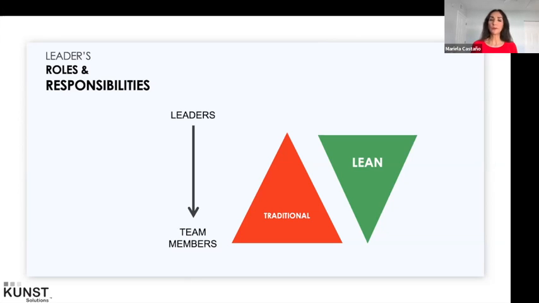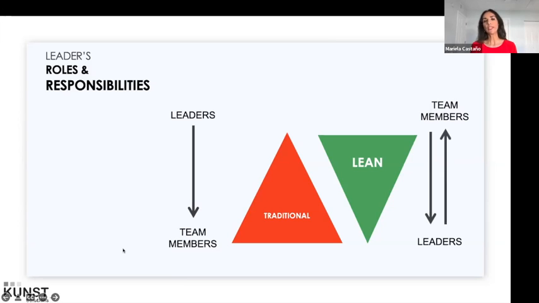So what we do is what we call inverting the triangle and creating an environment where servant leadership comes in place. Click, please. During this servant leadership model, the team members then are the ones that are going to be telling the leaders of the organization what it is that they need to be successful. Click, please. And then the leaders of the organization are there to provide to the team members what they need to be successful. Click, please.